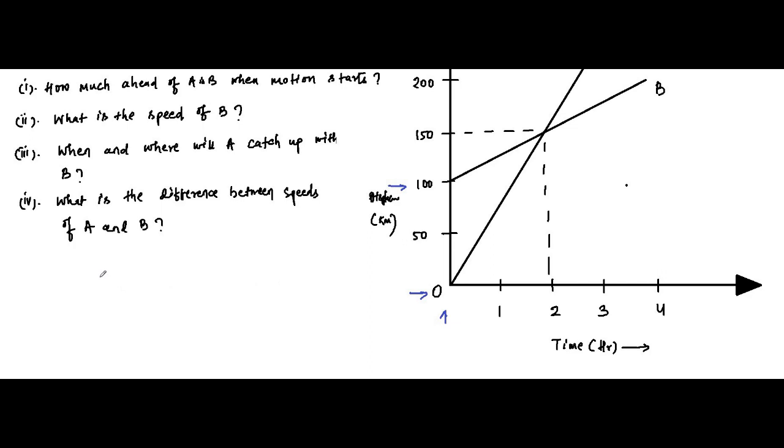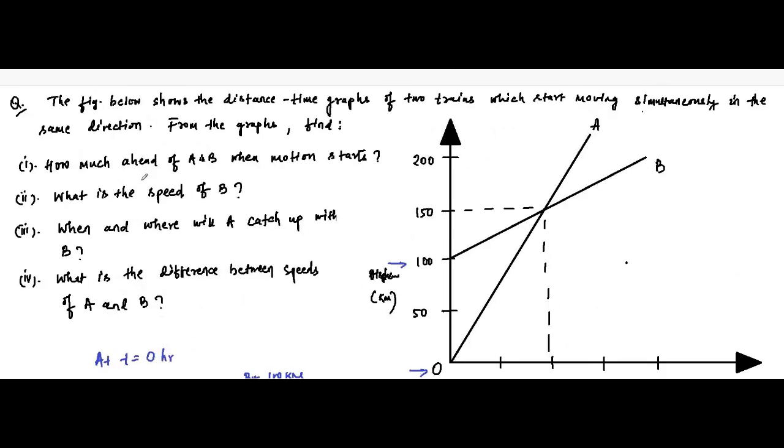So at the beginning of the observation at t equals 0 hour, the distance traveled by B is already 100 kilometers, while the distance traveled by train A is 0 kilometers. So B is ahead of A by 100 kilometers. That is the first bit.